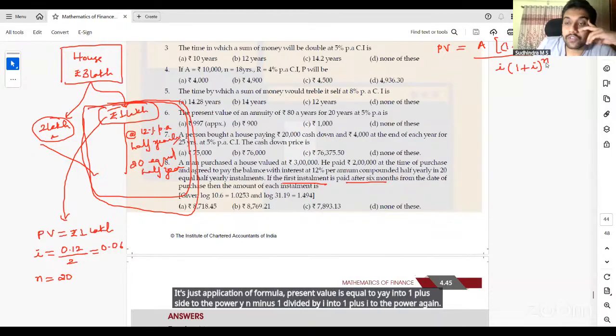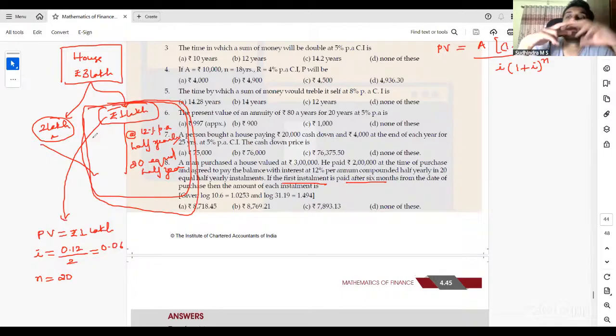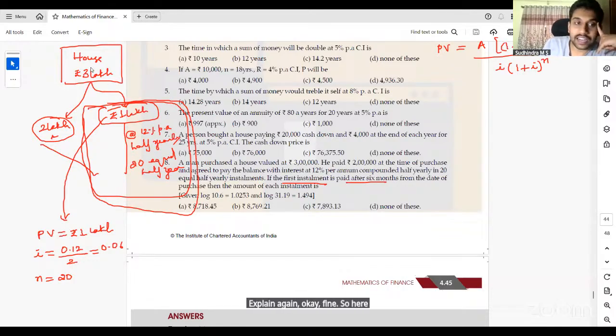Now here, before I apply the formula, did everyone understand the concept of this question? Purnima asked to explain again. Okay, fine. Here, the value of the house is 3 lakh, of which 2 lakh is paid upfront. Balance 1 lakh, I'll pay later.